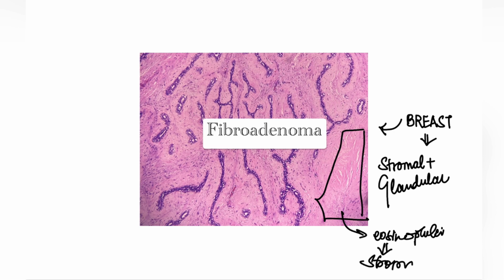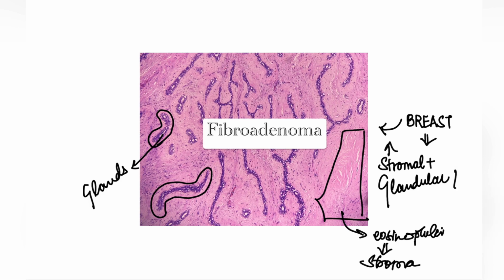And everything that you see which is more purple, which has nuclei and cells which are forming glands with a small lumen inside them, are the glands. So when the proportion of stroma and glands increases in a breast, that is when this condition arises, fibroadenoma. There is one more point that you have to remember in this, that they are well circumscribed tumors.